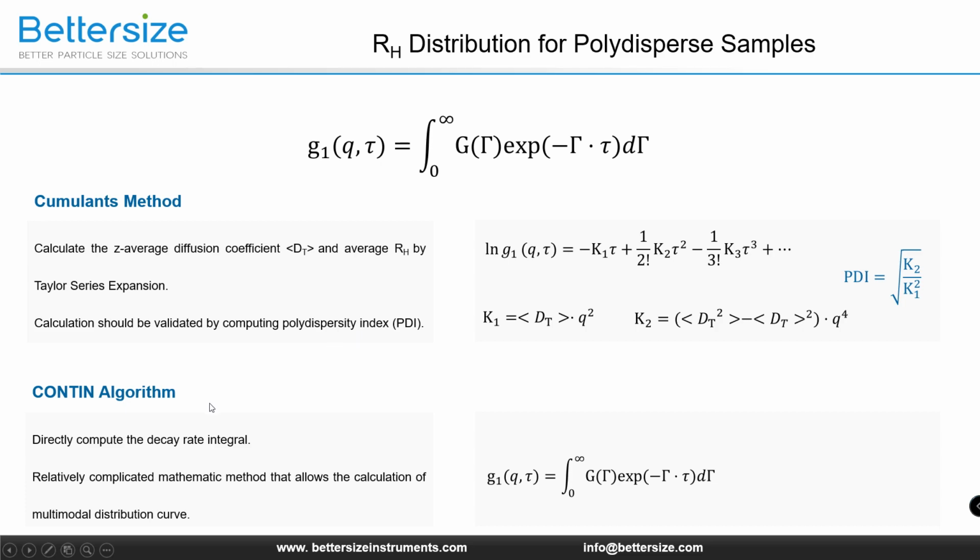The CONTIN algorithm can directly compute the integral and is theoretically able to compute the hydrodynamic radius distributions for samples that are widely dispersed. It is a relatively complicated mathematical method involving regularization.